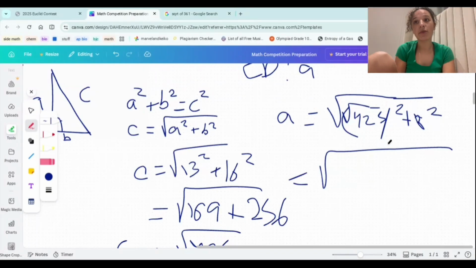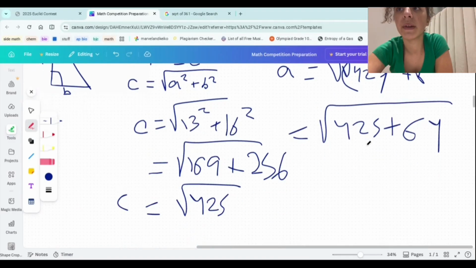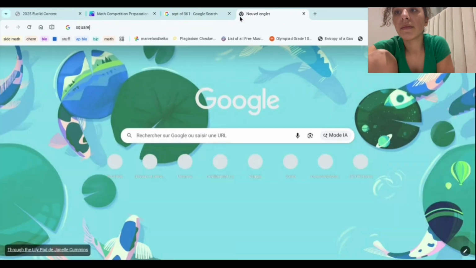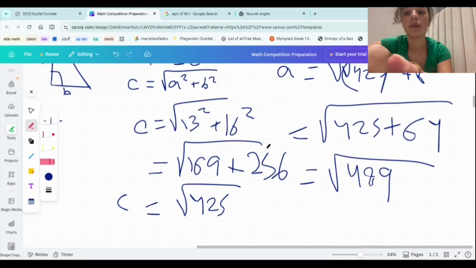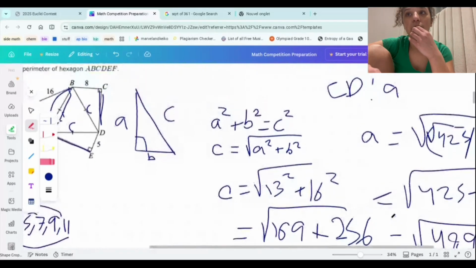The square of a square root, they just undo each other and you get whatever number was inside your square root. So that's just 425. And 8 squared is just 64. So this is the square root of 489. Now let's look that up. Square root of 489. Oh, did I maybe add this up wrong?